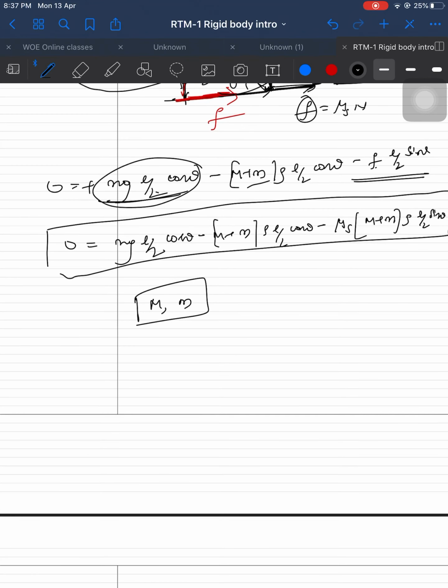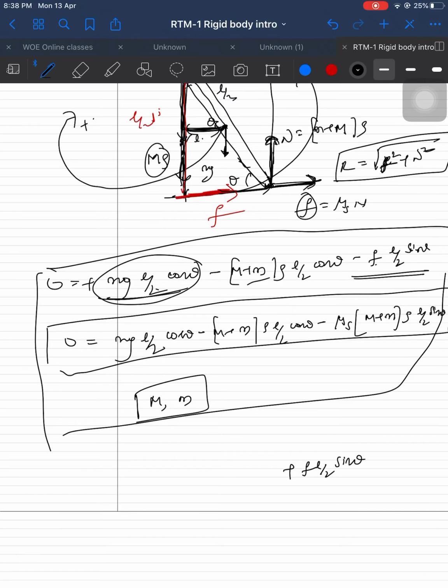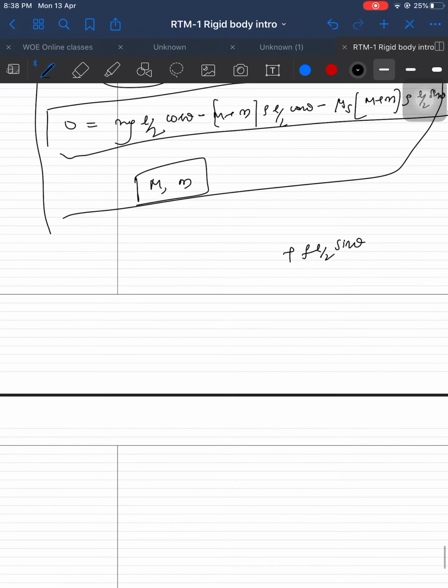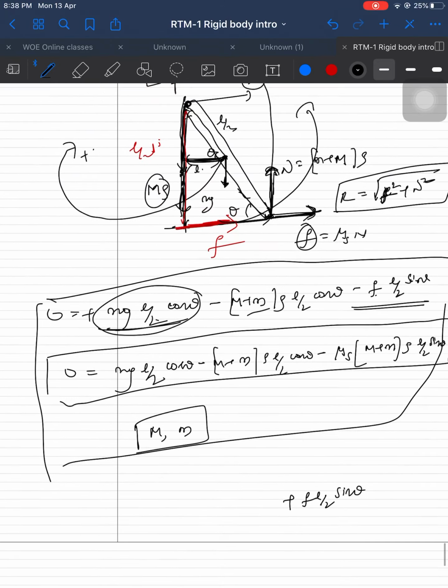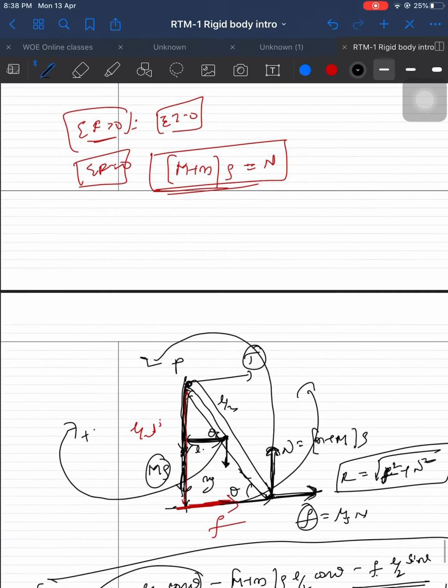In another case consider plus f into L by 2 sin theta. Solve for these two cases. Out of these two cases, whatever you get maximum, that will be the maximum mass of m that can be hung.